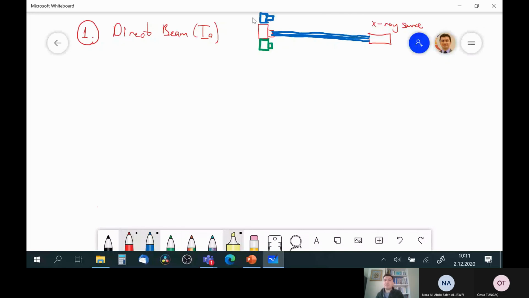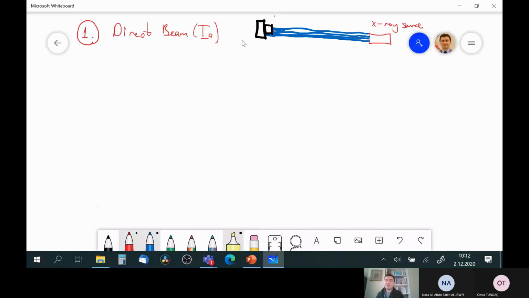So in such conditions, produced X-rays cannot enter into the active area of the detector, or sometimes it can be like this. This is the detector active area. Some part of the incoming X-rays enter into the detector, but other parts cannot enter. So the detector position is not correct.